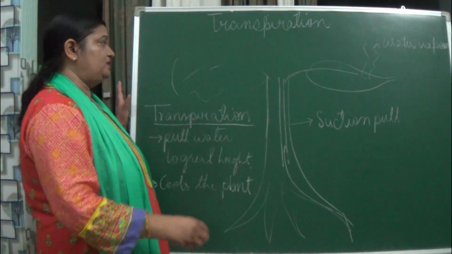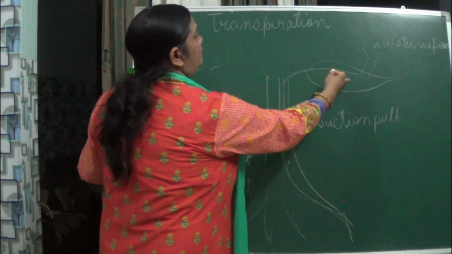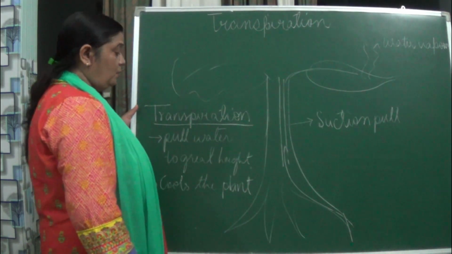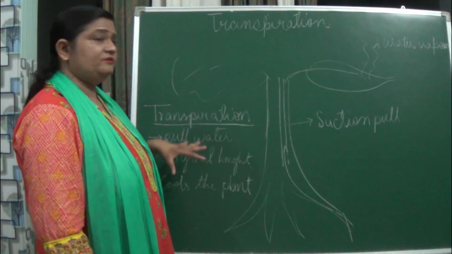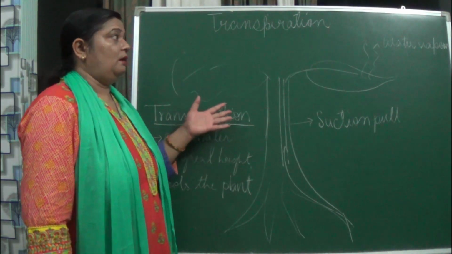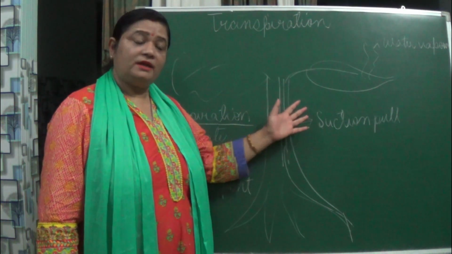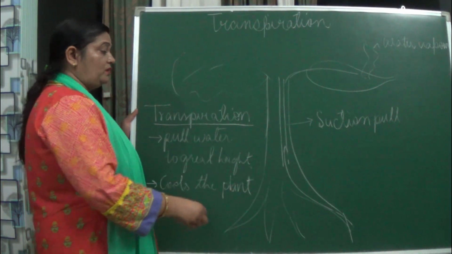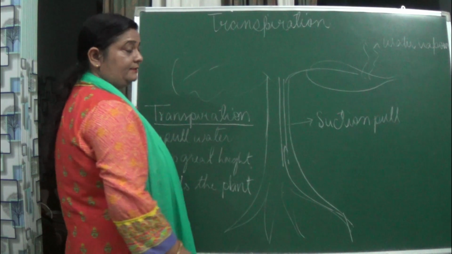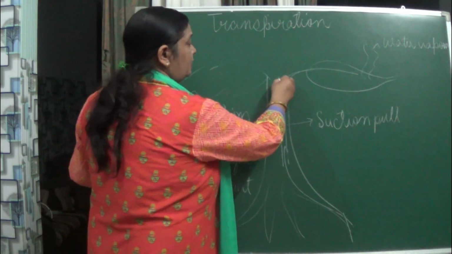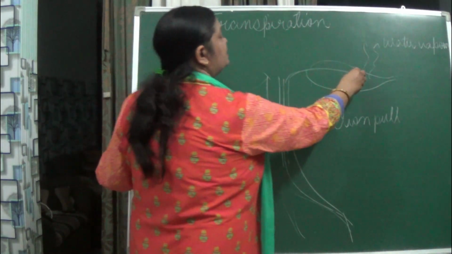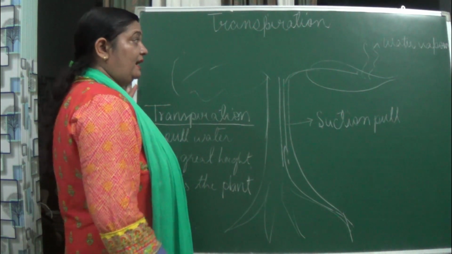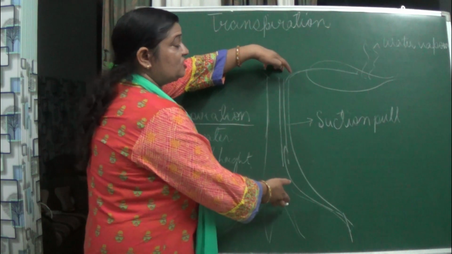Actually when the water reaches here, it moves up, and the water is lost in the form of water vapor. What then is the purpose of this transpiration? Because water is being lost here, it cools the plant. Once the water has entered the plant and is going through the xylem vessels, and the water is being evaporated in the form of water vapor, naturally there is created a suction.